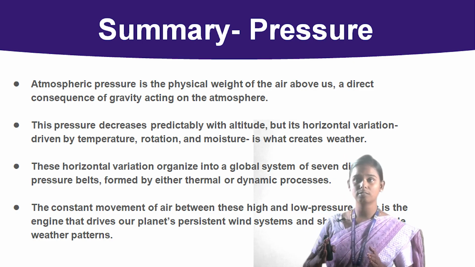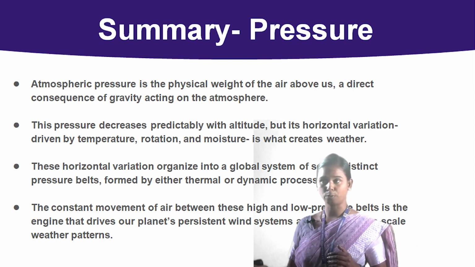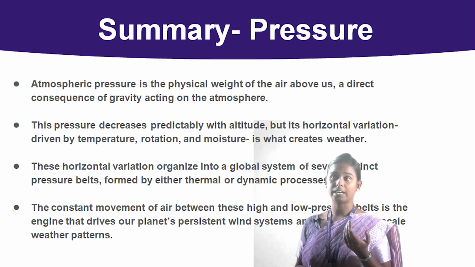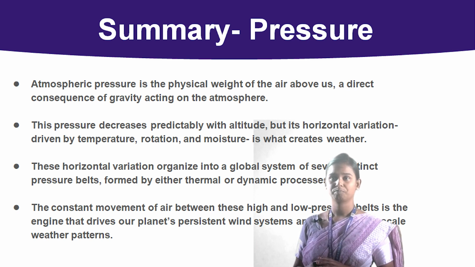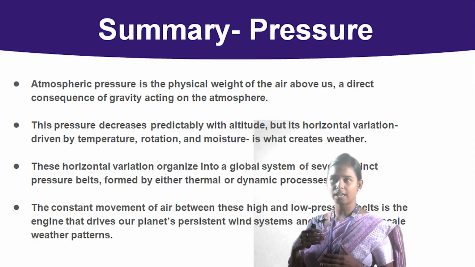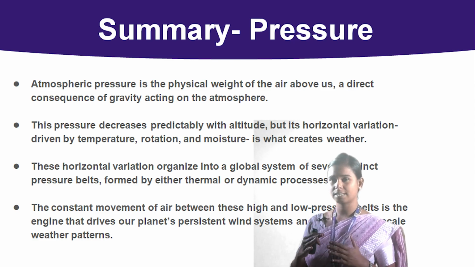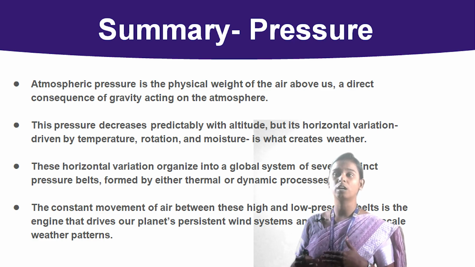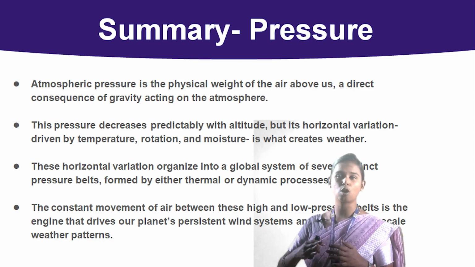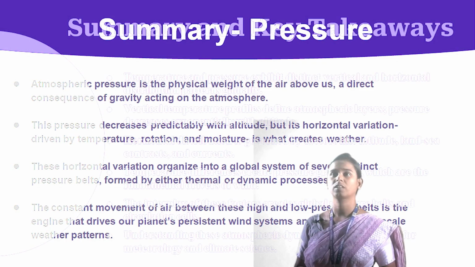These horizontal variations are organized into the global system of 7 distinct pressure belts formed by either thermal or dynamic processes. The constant movement of air between these high and low pressure belts is the engine that drives our planet's persistent wind system and shapes the large scale weather patterns.